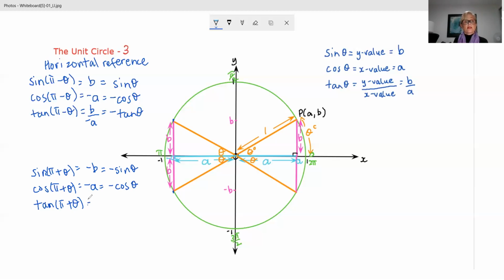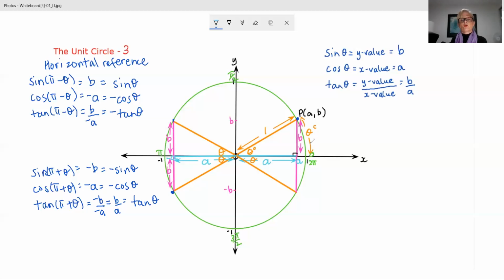Now, tan is always going to be your y divided by your x. When you do negative b divided by negative a, you get positive b divided by a. So it's in fact exactly the same as tan of theta. So the tangent of this point here is exactly the same as the tangent of that point there.